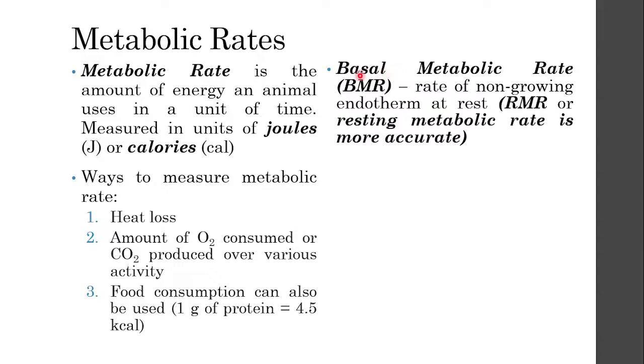If you want to measure your basal metabolic rate, you would need to first have 8 hours of sleep, and then you have been fasting for 12 hours. After you've done that and you are not under a lot of stress, then you can actually measure your basal metabolic rate. RMR, on the other hand, is just your metabolic rate after resting. It's much less constricted. So statistically, RMR is actually more accurate.